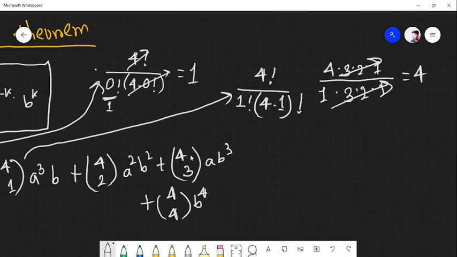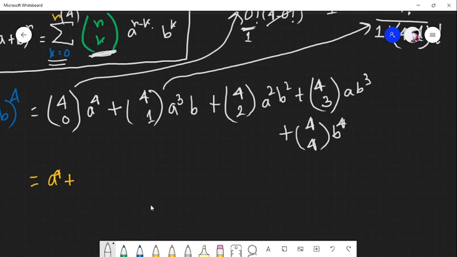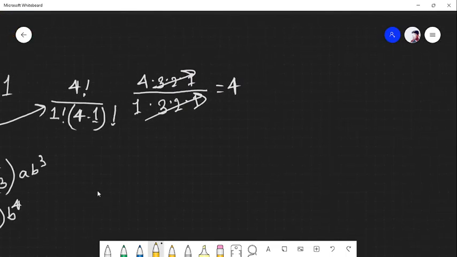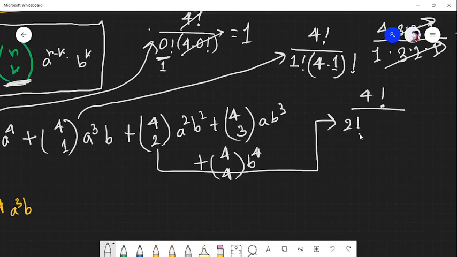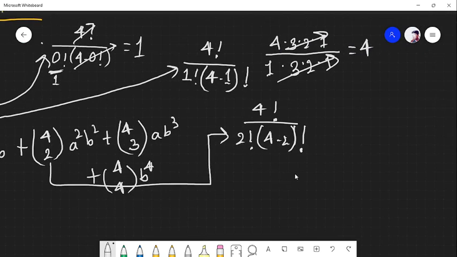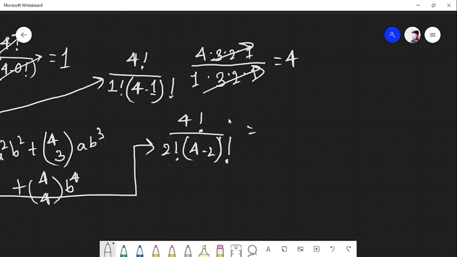So here the coefficient is 4 a cubed b, and let's calculate the third one, which is 4 factorial over 2 factorial into 4 minus 2 factorial, which will be equal to, so 4 factorial is 4 into 3 into 2 into 1, and it's also 2 factorial, which is 2 into 1.